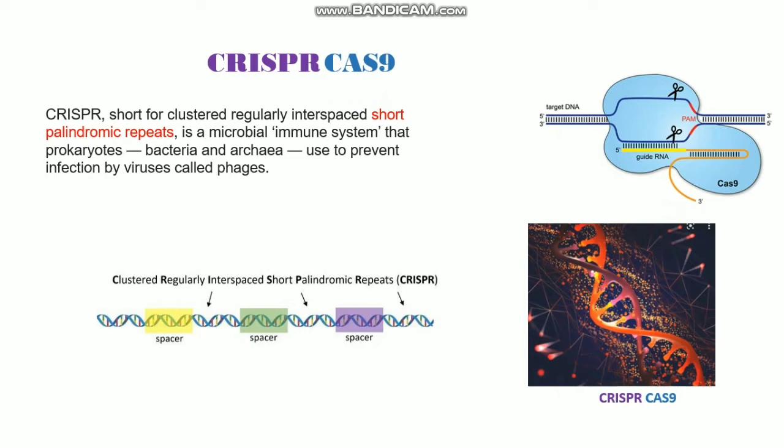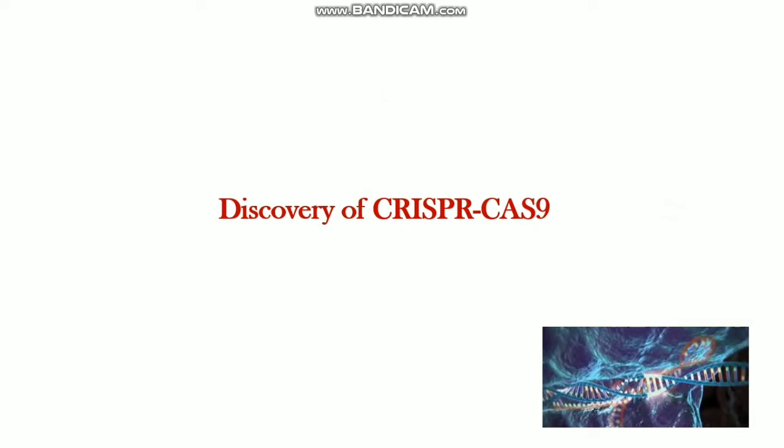Alright. Now let's have a look at the history of the discovery of the CRISPR-Cas9 system. At the very beginning, Francisco Mojica, a Spanish scientist, found the CRISPR sequence. He is known for this repetitive functional DNA sequence in bacteria, known as CRISPR.